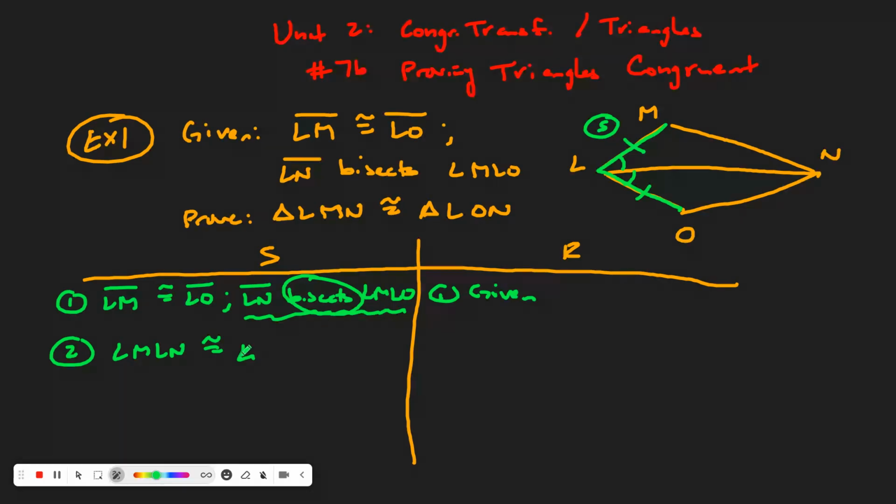So if you remember your reflections. So angle MLN is congruent to angle OLN. And again, the reason we're going to put is because of this word bisects, and it bisects an angle. We're going to put angle bisector. If you want to write down that an angle bisector splits an angle into 2 congruent angles, you can do that. I don't care. And now I'm going to put an A right here. So that gives us an angle pair.